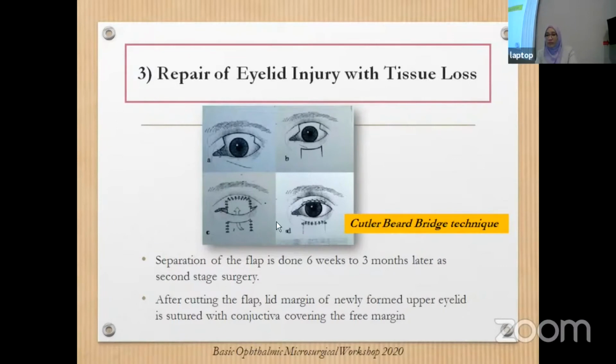Then we can proceed with the second stage of surgery. So we cut this area. This is the flap here, already survived, and this is the original one. This can also be done in tumor of the upper eyelids.